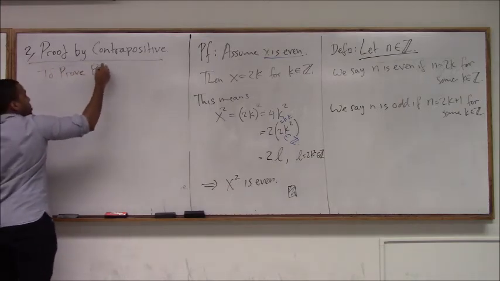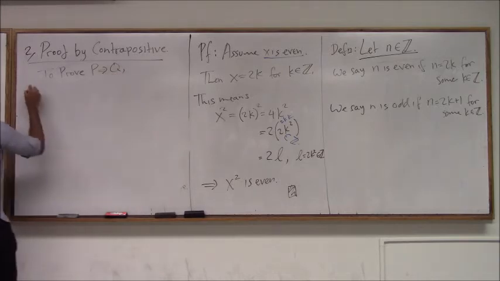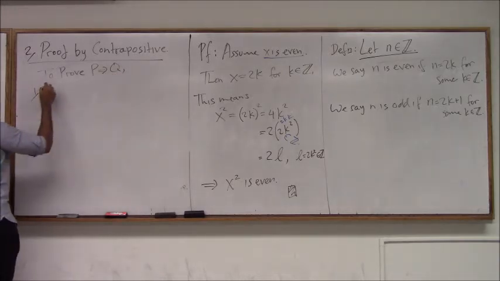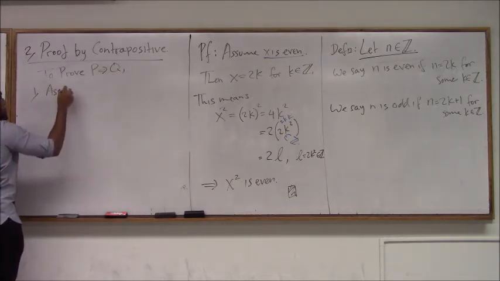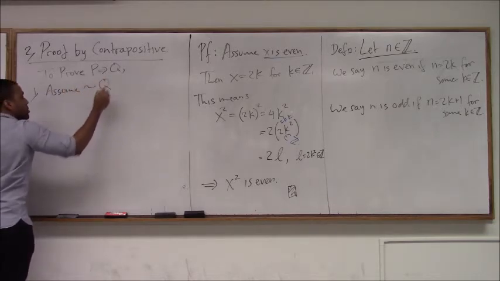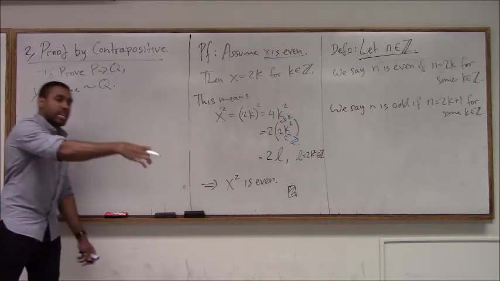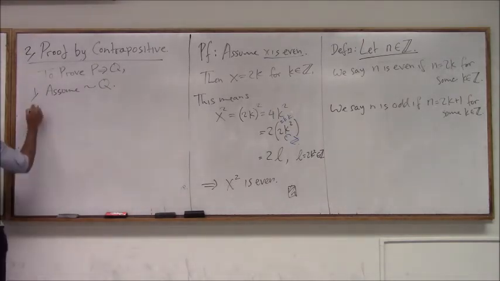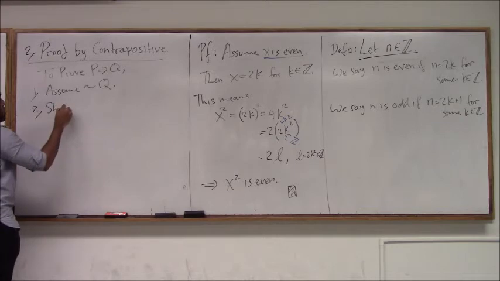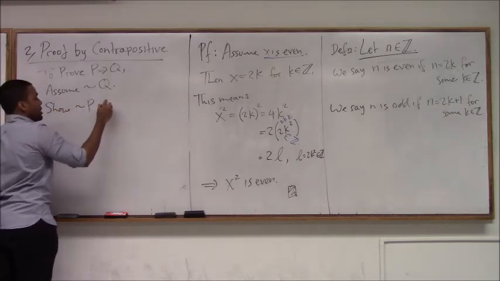So in a proof by contrapositive, to prove P implies Q, the first thing you would do is assume not Q. So if I give you an implication, assume that the second sentence is false. Then, show not P as a consequence.